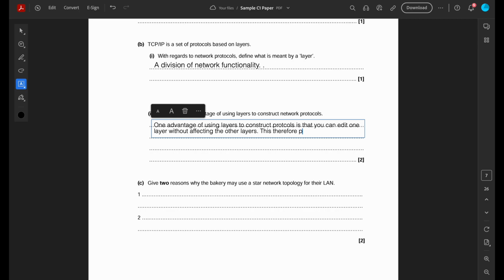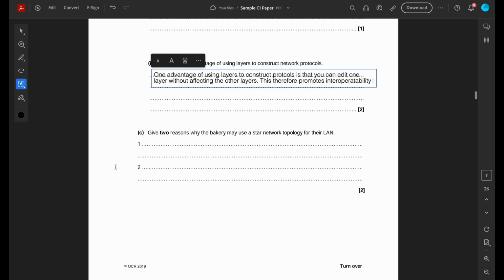This therefore promotes interoperability. That is a bit of a word to spell, so just check that one. The other thing we could have also said is that with network protocols, we can just work on one part of the network as opposed to all parts of the network at once.